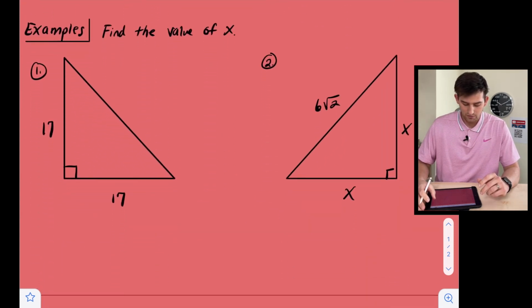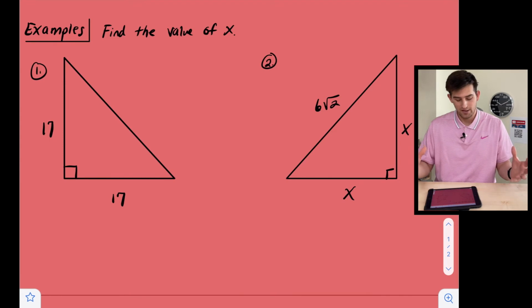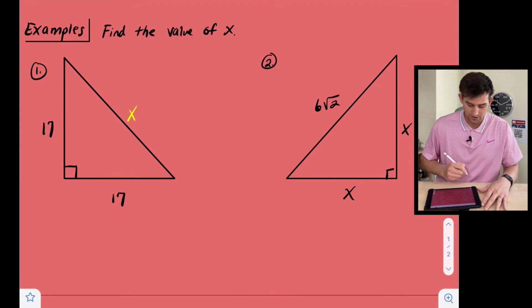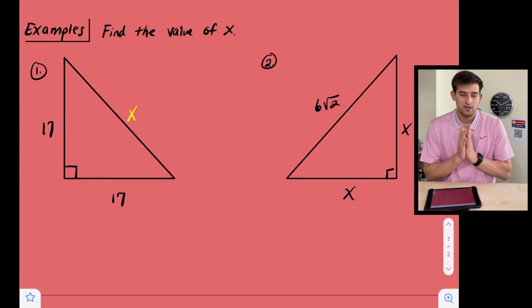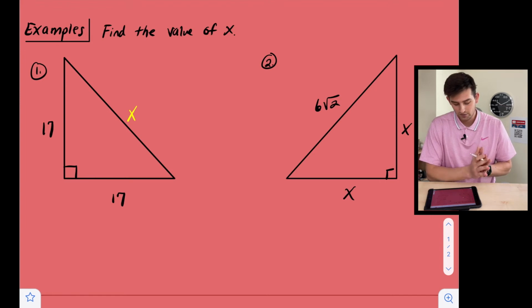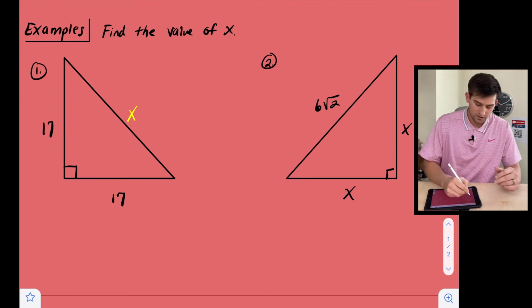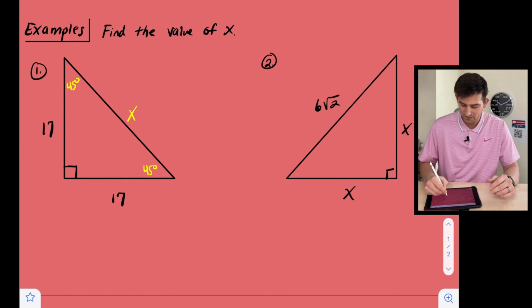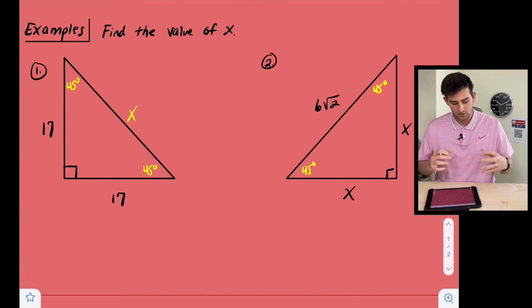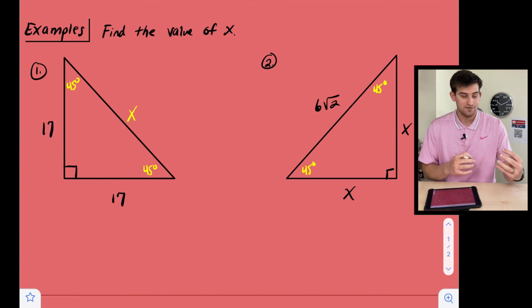So for these examples, we're just going to find the value of x. Okay, so we left off our x on example 1, but there we go. We are given the legs of this right triangle, and also we need to know that this is 45 degrees. So we'll add that in there. Same thing for our triangle over here. All right, and so now we have 2 legs that have a measure of 17, okay?